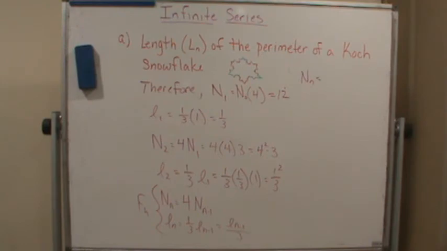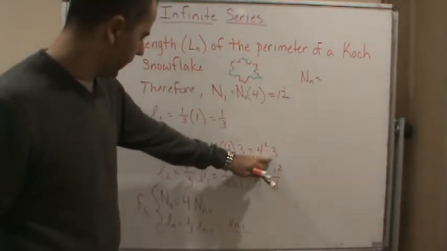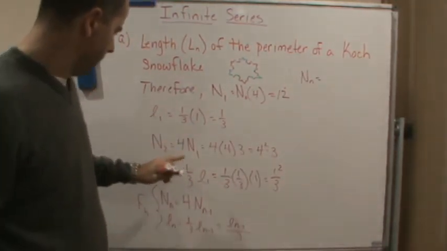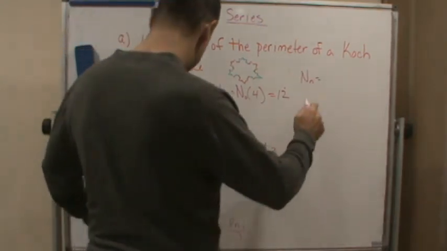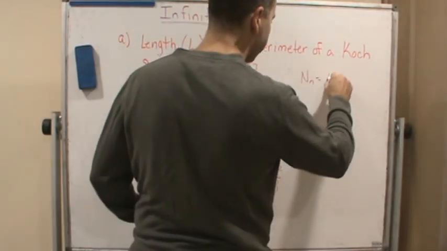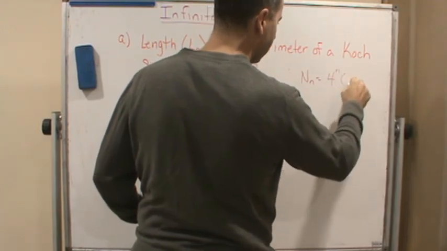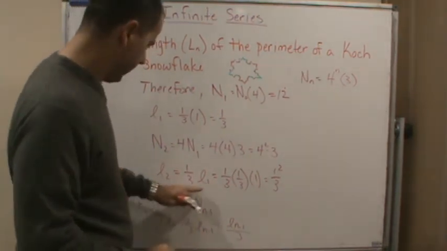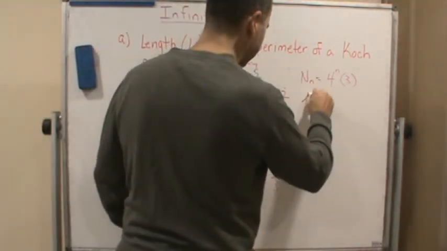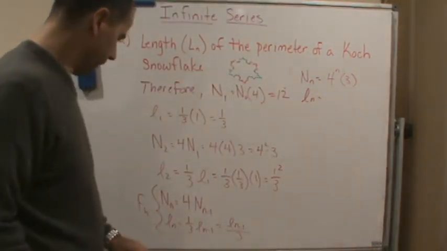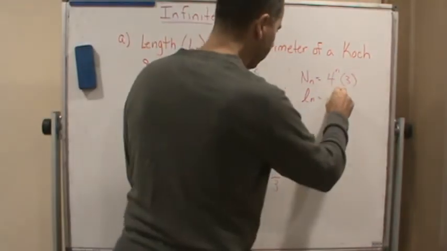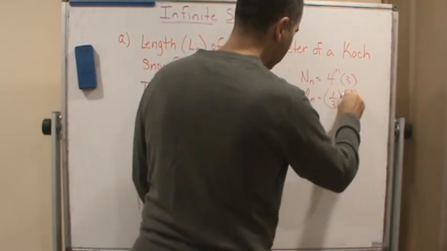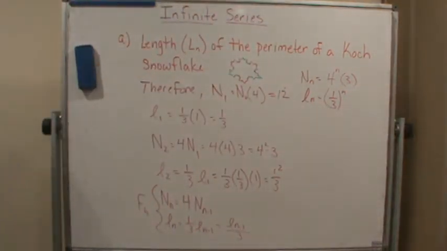Well, in terms of the final thing, because we were able to write N2 like this, N sub n can be written as 4 to the nth power times 3. And L sub n, just like we were able to do here, will equal 1/3 to the nth power.